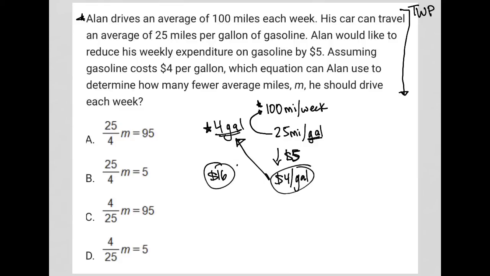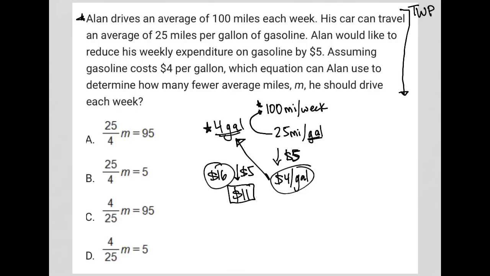And he wants to reduce this by $5, which means we want to be paying around $11 per week instead of the $16 per week, right? Like that will be our $5 weekly reduction in expenditure. All right, so I'm just making sure I keep my mind wrapped around every consequence of every sentence that I read before I just keep going on.